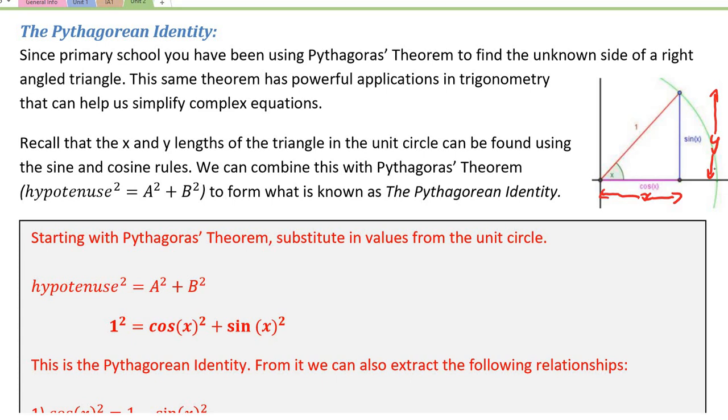Pi on 6 is 30 degrees. Sine of 30 is 1/2. What would cos of pi on 6 be? Root 3 on 2. So just by knowing the angle, we know the values of the x and the y. Okay?